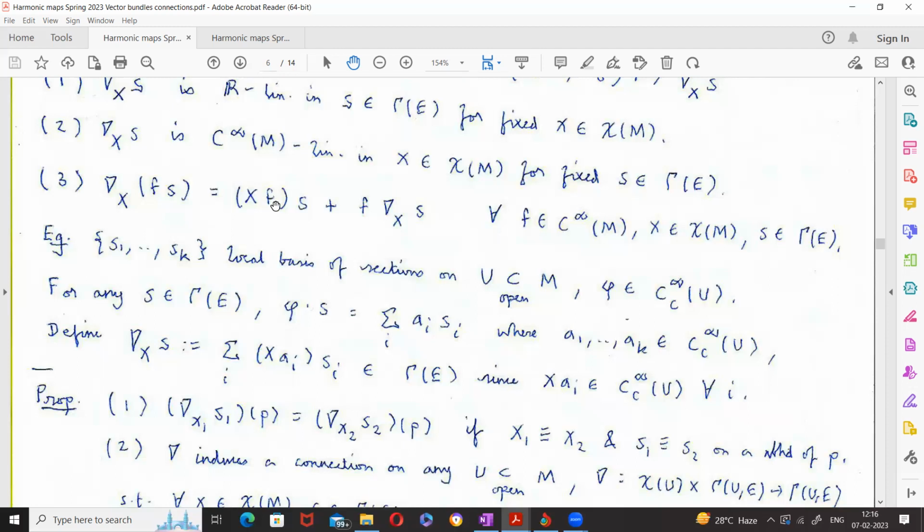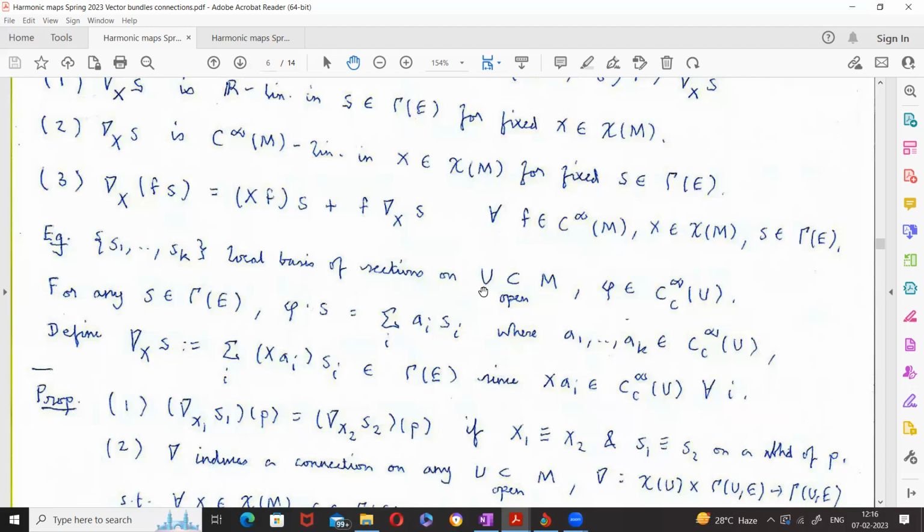Okay. So why is this example useful? Because this gives us a connection from a local basis of sections on an open set U. But then we can cover the whole manifold by charts of local trivializations, right?